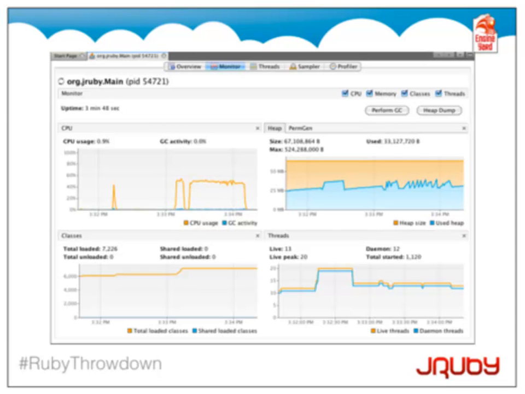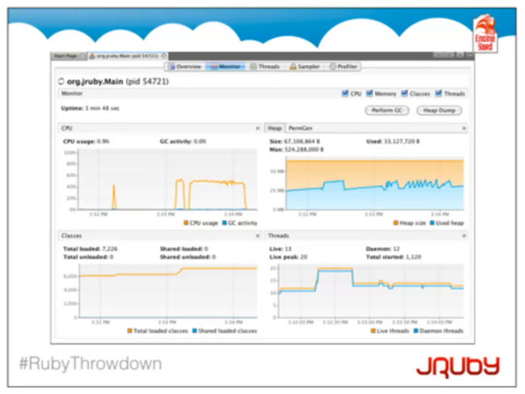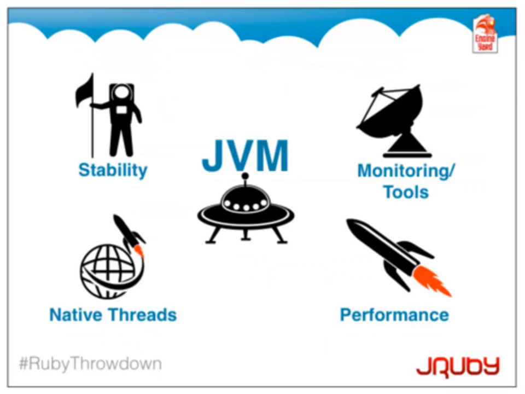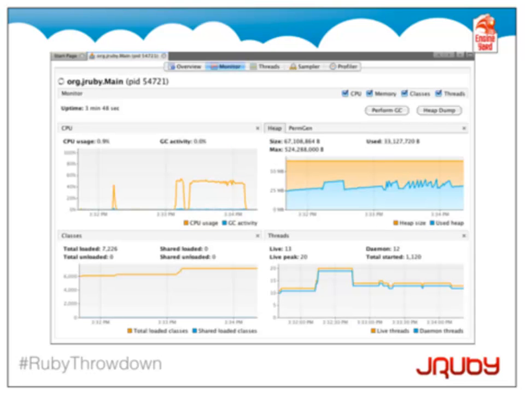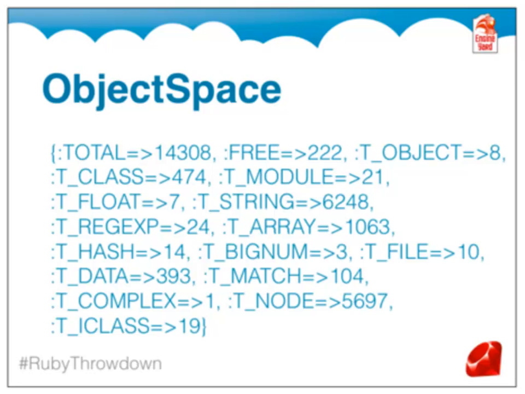Well, I think with the tools provided in JRuby and Rubinius, I can get most of the same information. It's just that I think some of them look a little prettier. For example, the Java ones look a little bit prettier than the ones I have. So I think I can get about the same information. It just depends on how you look at it.